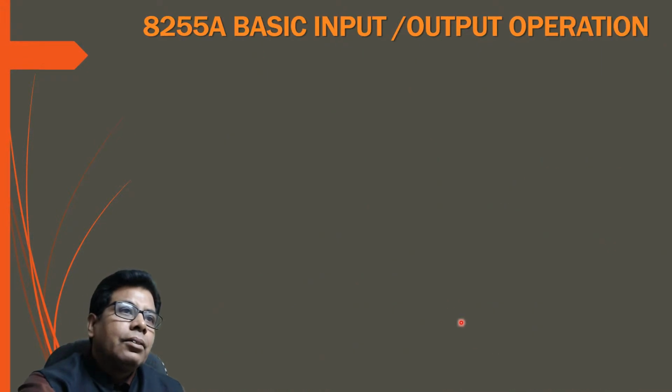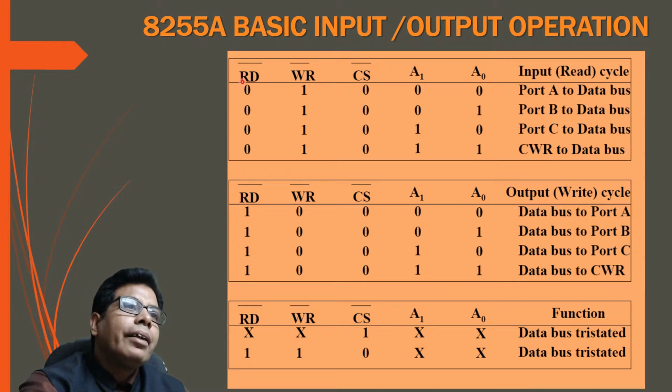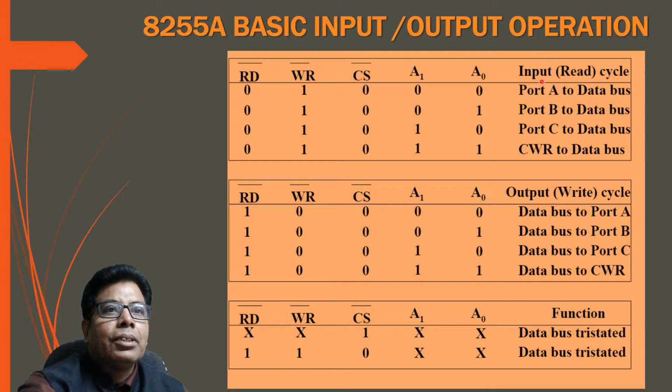Let us see the basic input output operations. So here we have read bar, write bar, CS bar, A1 and A0 lines. When read bar is low, that is the read cycle. So that's why we have written here input read cycle. Write bar at that time should be high. CS bar should be 0 for the chip select.